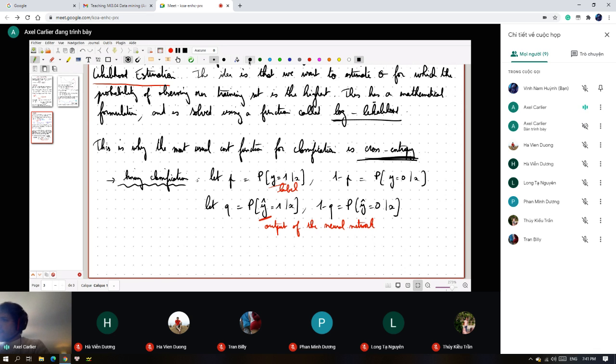Okay, then we define the binary cross entropy of y hat as equal to minus p log of q minus (1 minus p) log of (1 minus q).